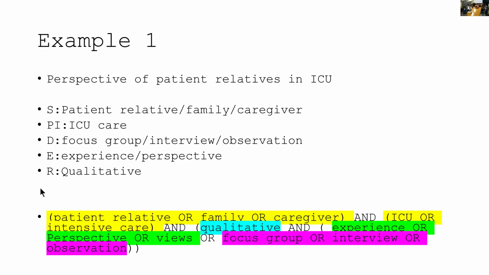You have to have some balance between sensitivity and specificity. And it's difficult to calculate sensitivity in practice, because the denominator will be all the relevant articles. That means you have to literally handpick every single article and see if it's relevant.